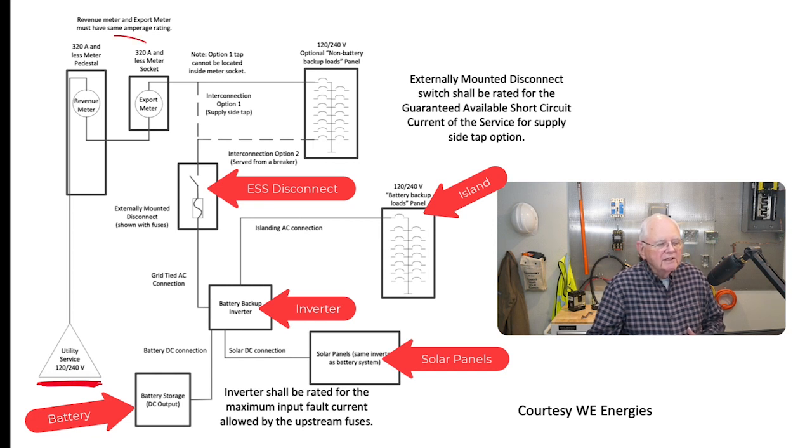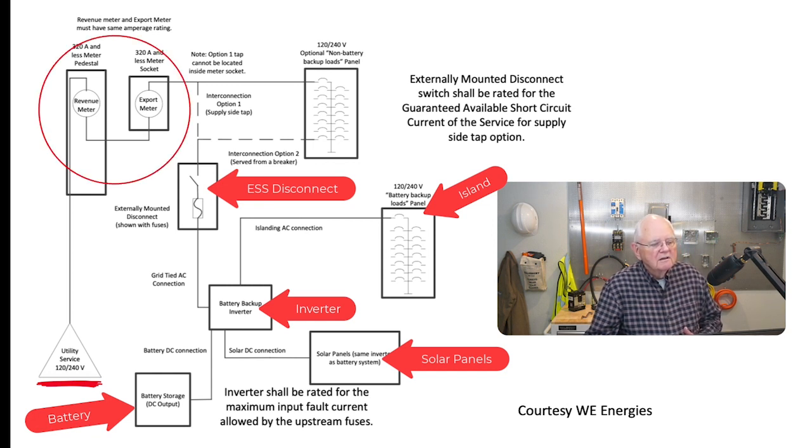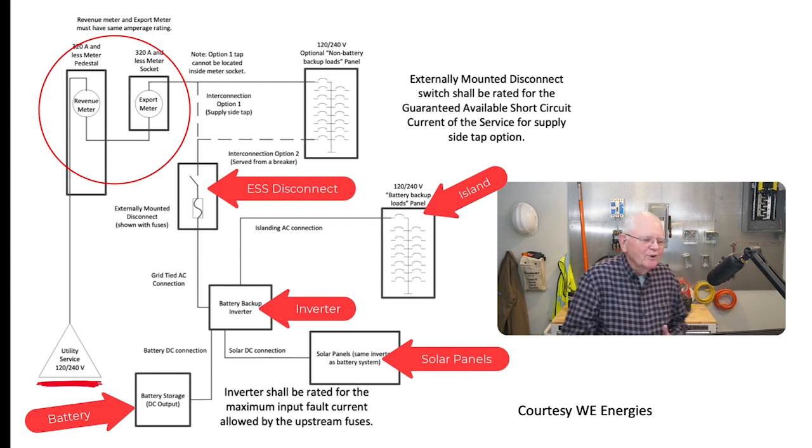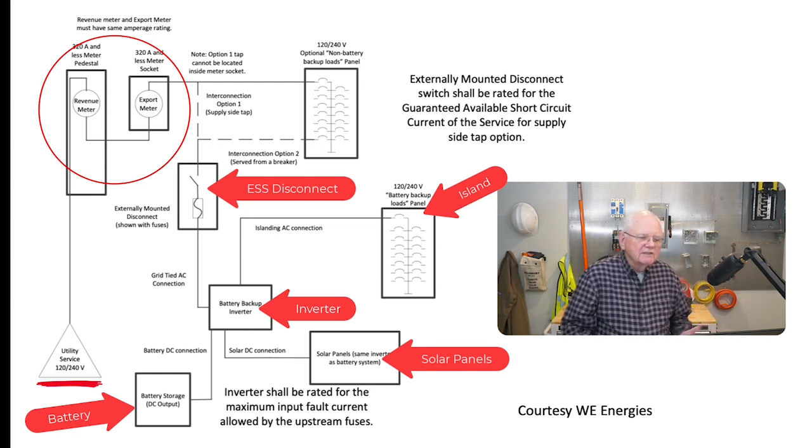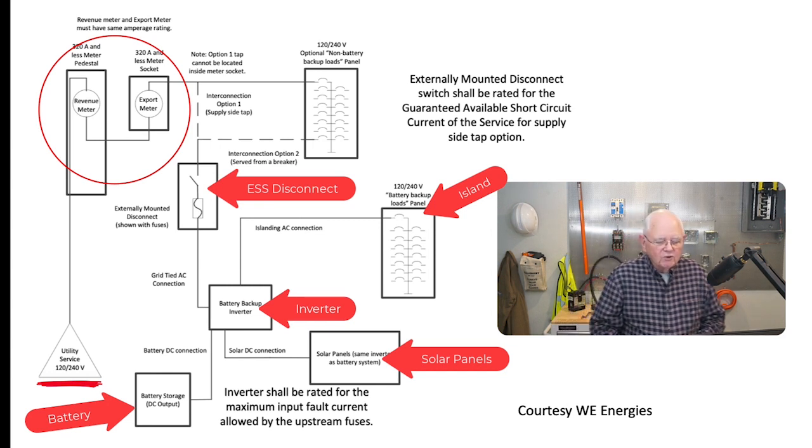We go through an export meter, so maybe we can be credited by the utility for power we're putting back onto the grid, or we can operate in parallel. And in the case the utility power is lost, the interactive inverter would continue to supply AC power up to my panelboard. So that's a little basic of how these energy storage systems work.